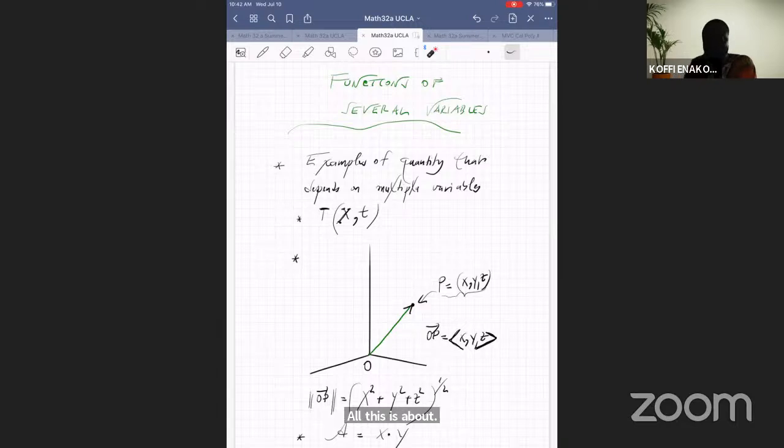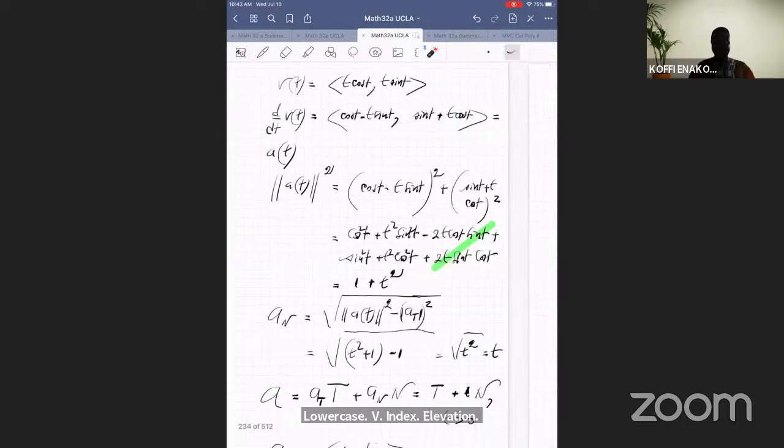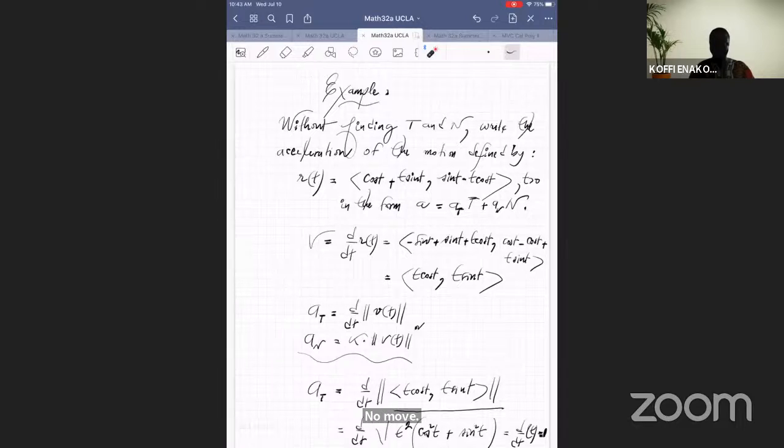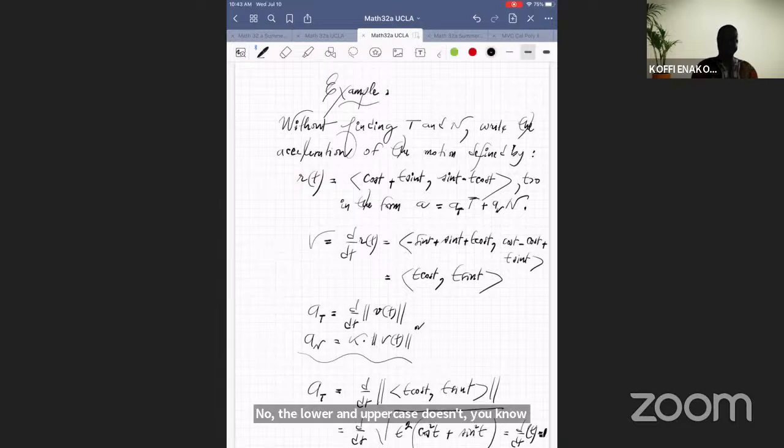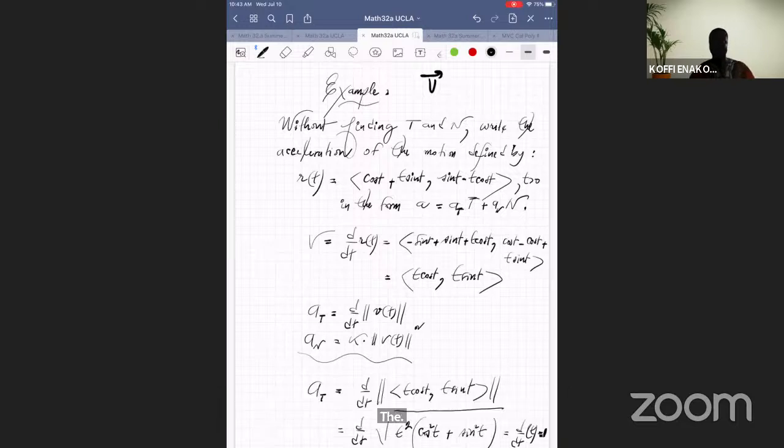Yes. Lowercase v in the acceleration theorem? No, for the v notation, the lower and uppercase doesn't matter. If you want to distinguish between the speed and the velocity, just do it like this, v with an arrow. It doesn't matter whether you use lowercase or uppercase, as long as you have the arrow, it says that it's the velocity vector.